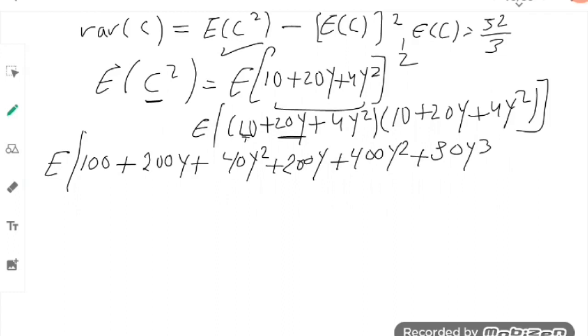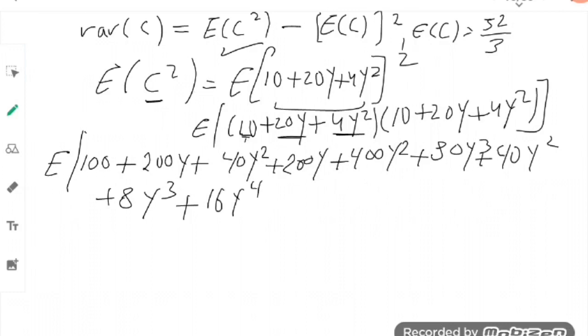For the last term, this will give us 40 y to the power 2, then 20 times 4, which is 80 y to the power 3, plus 4 times 4, which is 16 y to the power 4.